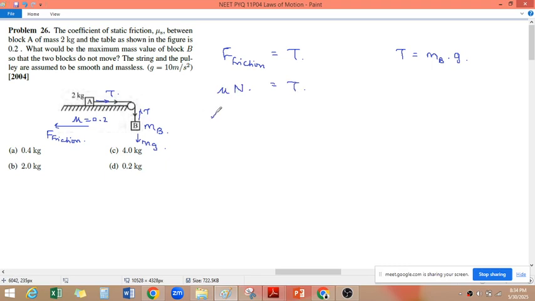Mu into N, so mu into mA into g. So I can bring this one over here. Mu is 0.2, mass of A is 2 kg. G will get cancelled out. So mB is what they are asking. Cancel this, so mB is nothing but 0.4 kg.